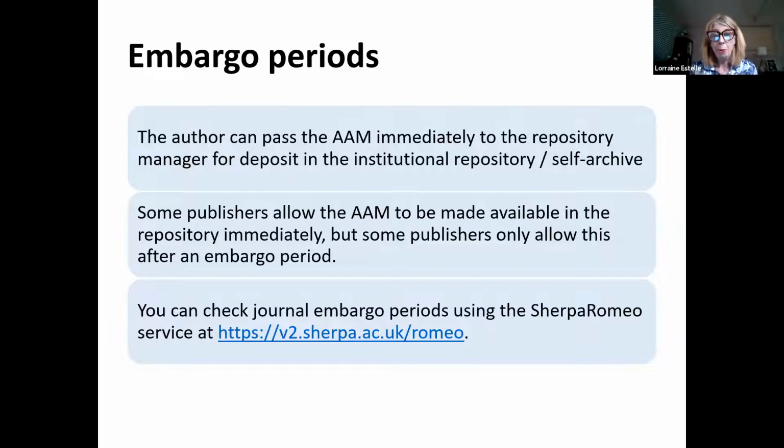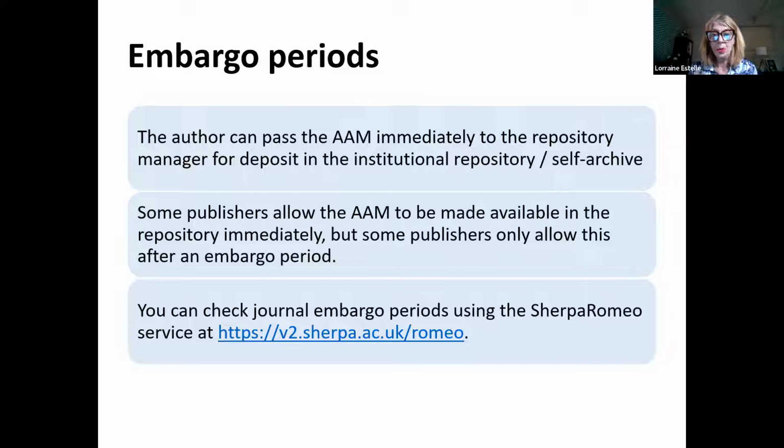Now, a very important point about this is that some publishers allow the AAM to be made available in the repository immediately, but some publishers only allow this after an embargo period. Now, Irina will talk through some of the publishers that we have EIFL agreements with and some other publishers, what their policies are.